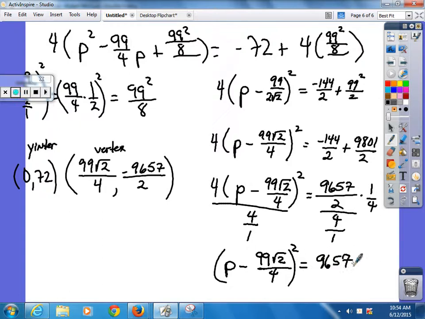9657 divided by 8. So p minus 99 square root of 2 over 4 is equal to the square root of 9657 over 2 square root of 2.